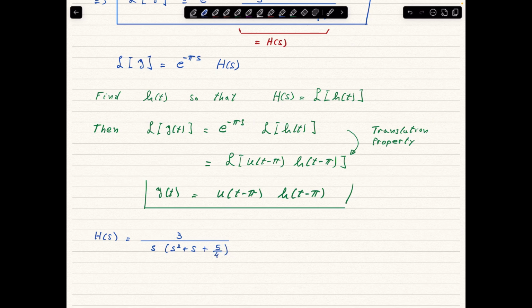And notice that this function h, as we said, does not include the exponential, and of course is not in our Laplace transform table.